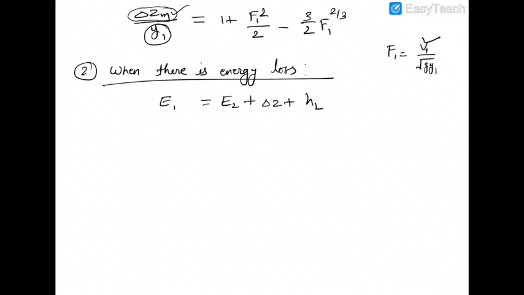In critical flow condition, this equation will become E1 is equal to Ec plus delta Zm plus loss of head.